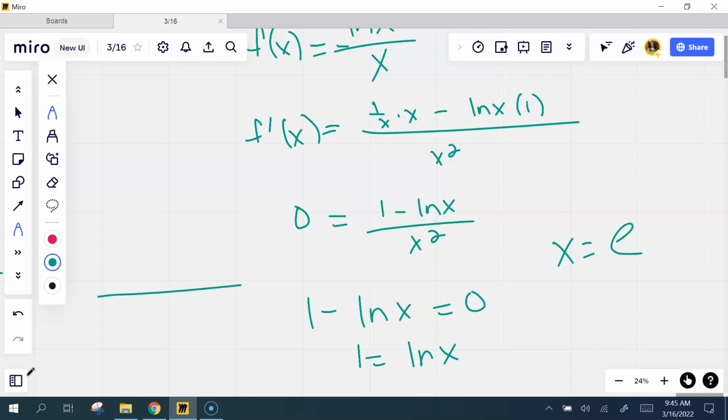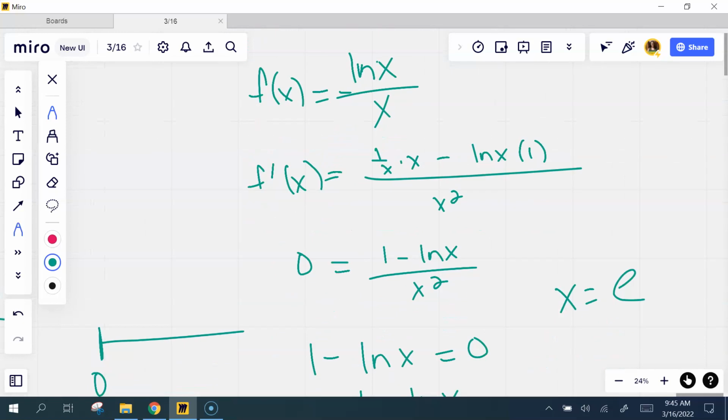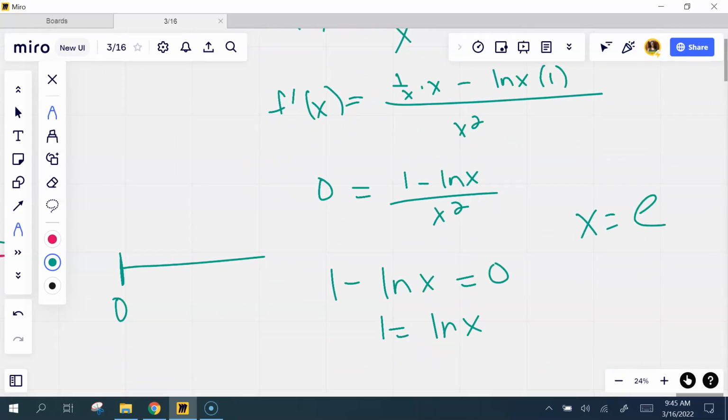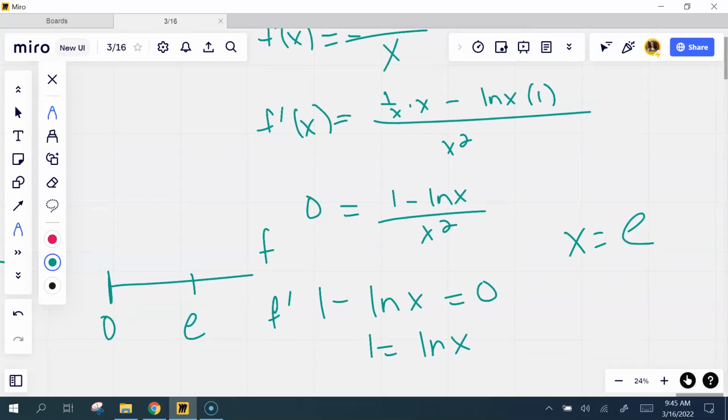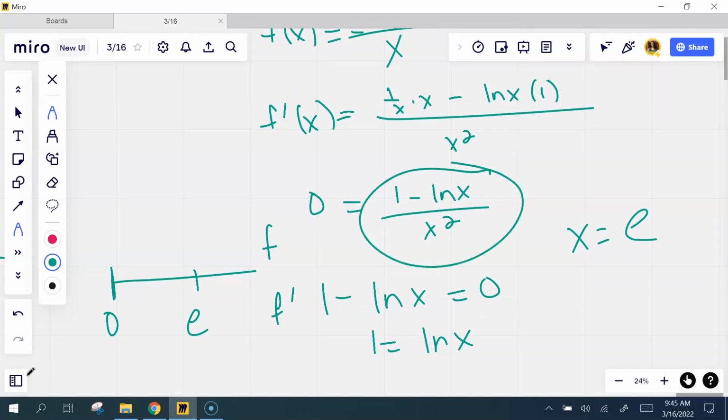So I have my sign chart. It can't go less than 0 because you can't take the log of a negative number. So I have a domain restriction there. This is e. Remember, I have to do this every time, so I remember what I am looking for. If you plug in a number, let's say 1 into the derivative equation, here is my cleaned up derivative equation.